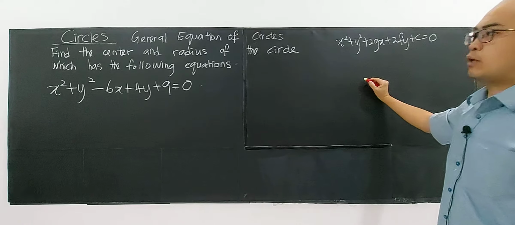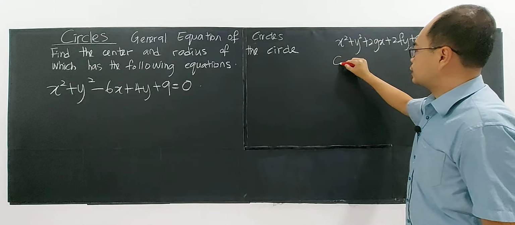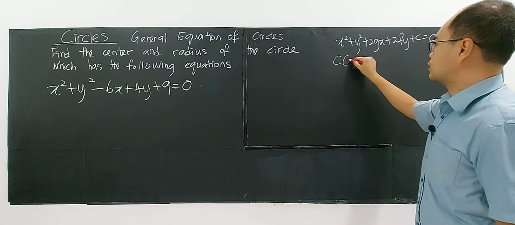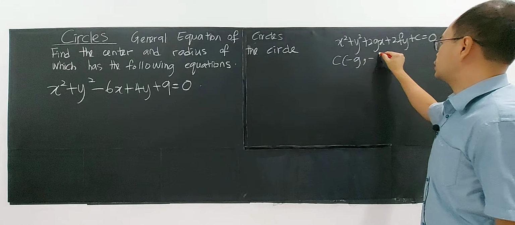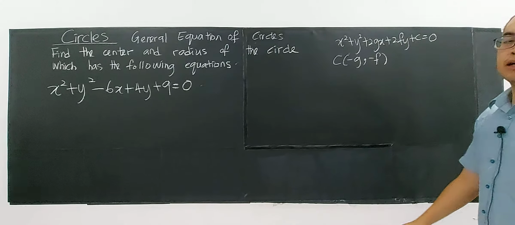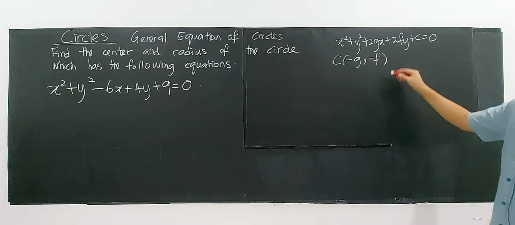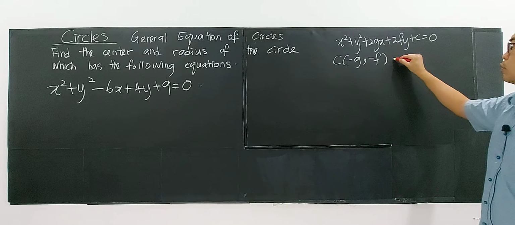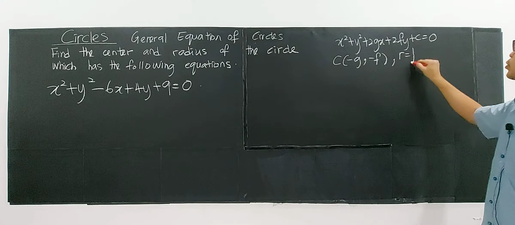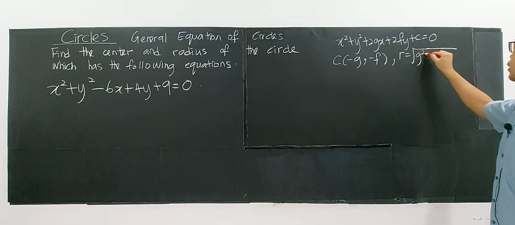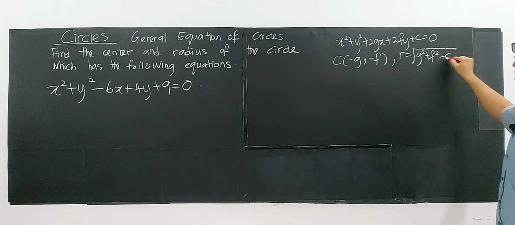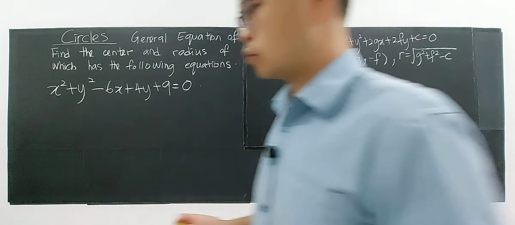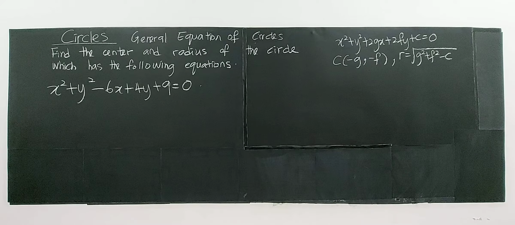So I just want to teach you how to find the center of the circle. As you know, the center of the circle, the formula will be negative g, negative f, right? From the previous part in this video. So we have known that the radius will be the square root of g square plus f square minus c. So you just see how to apply the formula here, right?